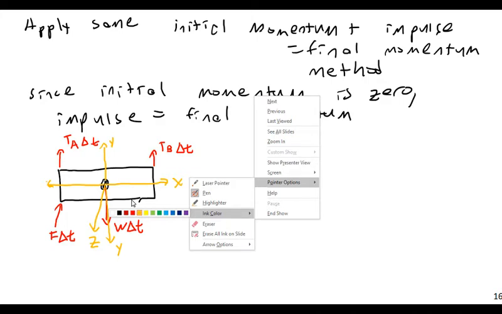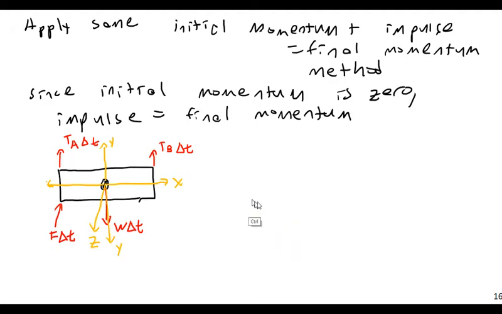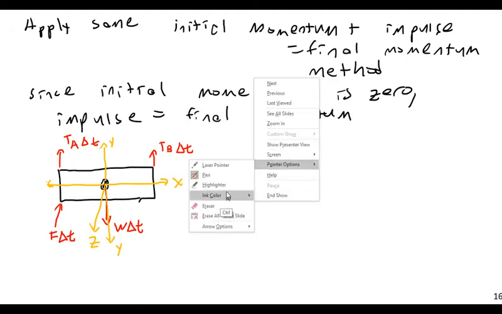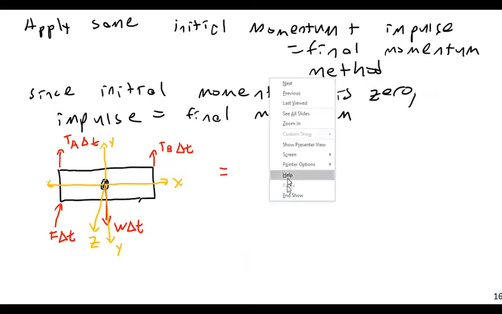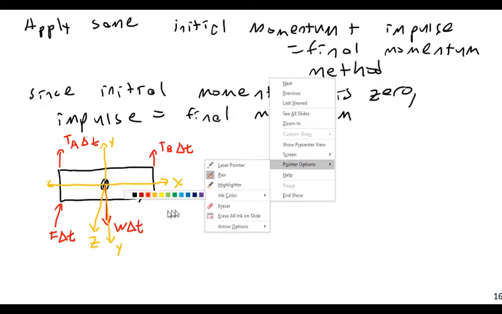Let's think about this. Okay, so let's look next at what kind of momentum this thing will have. And this is where it gets a little tricky, because sometimes it won't have a momentum in every direction. Well, let's consider this.